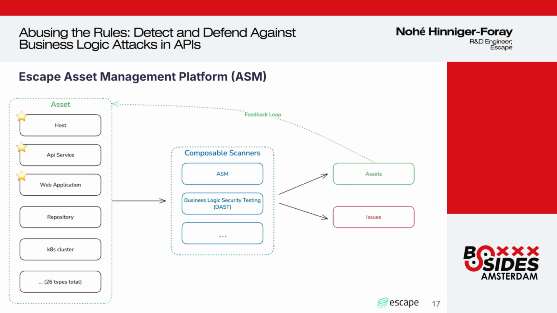We run that through scanners, which can be of various types too: either ASM to do discovery, or some DAST or business logic security testing to find vulnerabilities. Those scanners will output assets, so discovery, and this creates a feedback loop. We can put those assets back into the scanners, expanding the attack surface. And it will report some vulnerabilities.